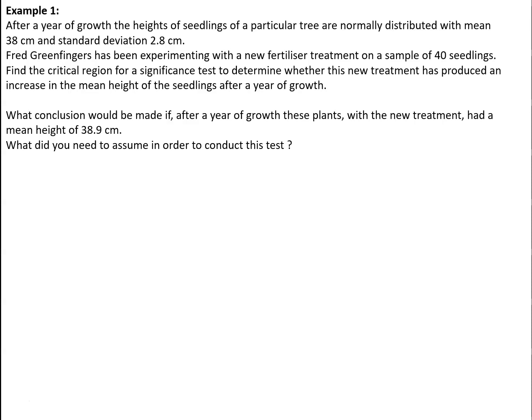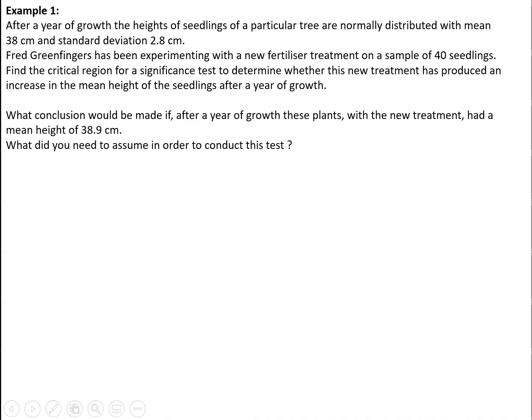We've got to find the critical region for a significance test to determine whether this new treatment has produced an increase in the mean height of the seedlings after a year's growth. And when we've done that, we've then got to say what conclusion would be made if after a year's growth the mean height was 38.9 centimeters. And we also need to think about any assumptions that have to be made in order to conduct this test.